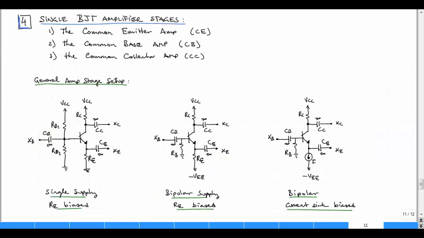Before diving into these three topologies, we want to look at just the general amplifier stage configuration that will be common to all of them. So I've drawn three of them here. These are going to be valid for the three configurations. Regardless of whether it's a common emitter, base, or collector amplifier, this is the basic architecture of the amplifier.